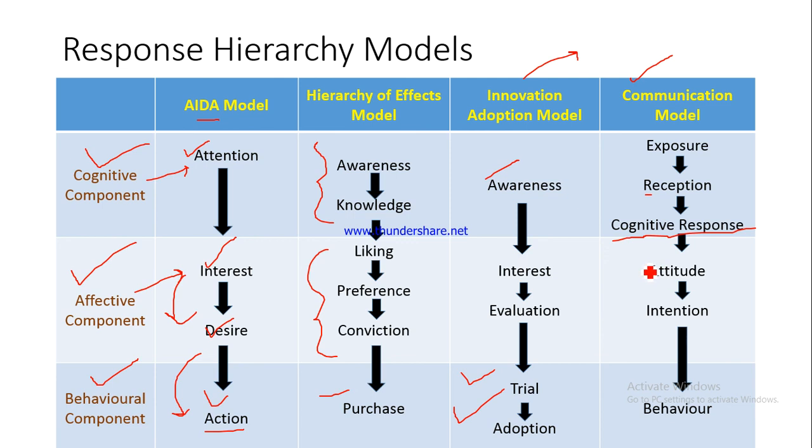It could be favorable or unfavorable, and then they start having an intention to buy that particular product or not to buy it, or maybe to try it out, and then they actually indulge in some behavior, right? Again, these three are basically the cognitive aspects, these two are the affective aspects, the feeling aspects, while this is the behavioral aspect, right?